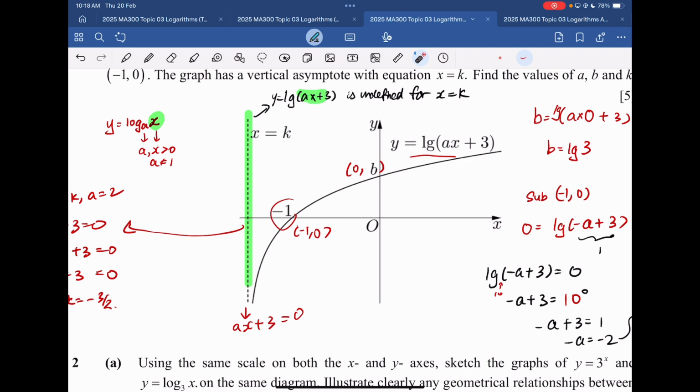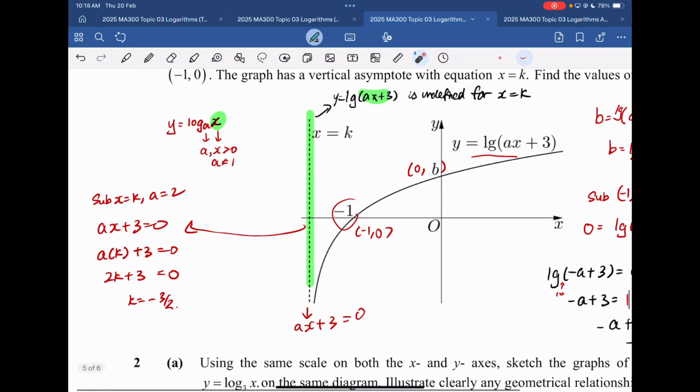Now I use what I found earlier. I also know that a is 2, x is k, so 2k plus 3 is 0. Now at this point, you can see that the function cannot cross this line.